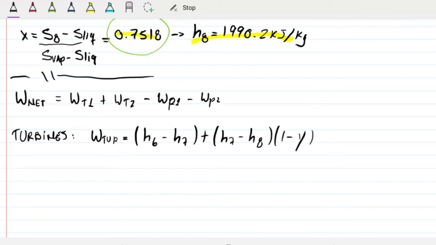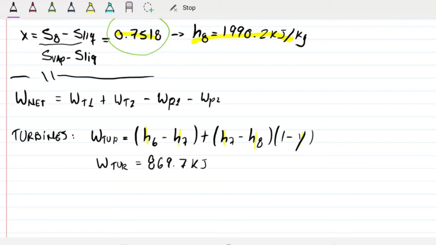So for the turbine, I've got 3118, 2730, 2730, 1990.2, and then 1 and 0.35. So we have all the values that we need, and the work of the turbine equals 869.7.